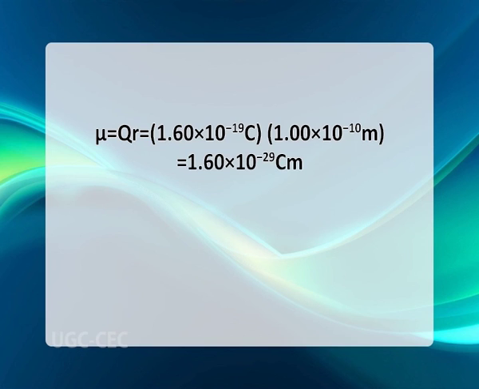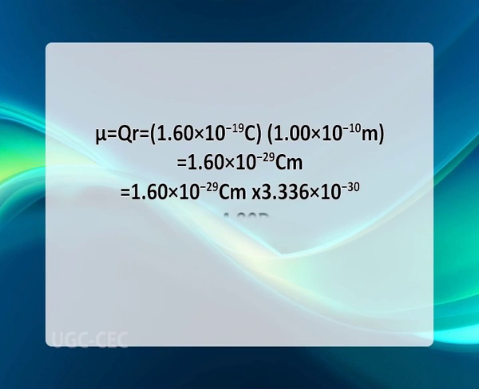This gives a product of 1.6 into 10 to the power minus 29 coulomb meter, which, when converting it to debye units by dividing by 3.336 into 10 to the power minus 30, comes out to be equal to 4.80 debye.